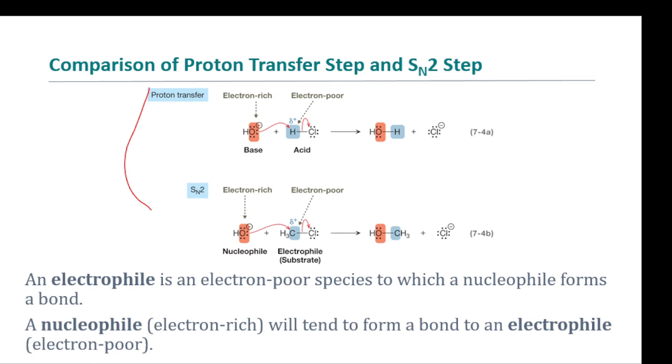I haven't brought that up yet, but an electrophile is an electron-poor species to which a nucleophile is going to form that bond. For example, that carbon here was a relatively poor electrophile, not a great electrophile, but good enough. So when we do these, this is going to be the analogy. We have acid-base, right? Base is like a nucleophile. The acid is like an electrophile, isn't it?